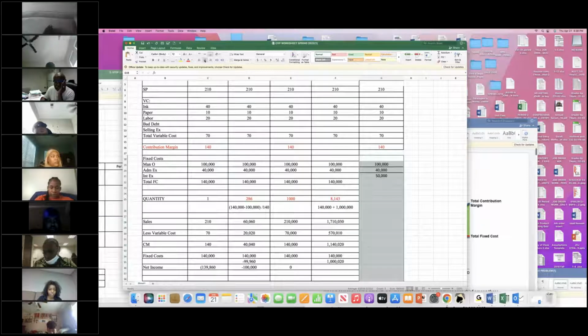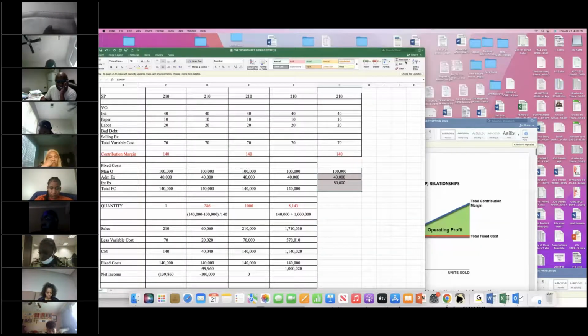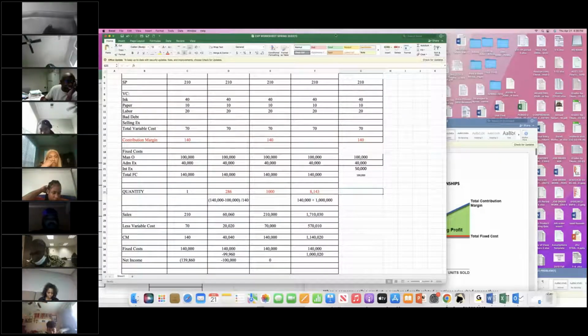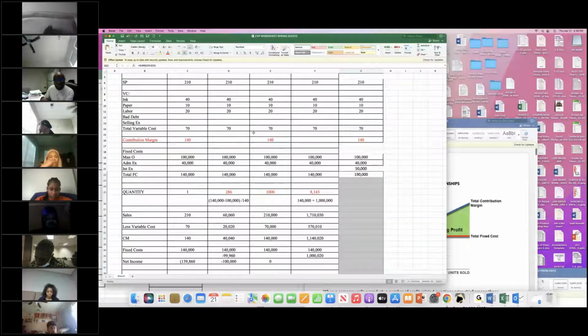Professor Boyd, am I going to be penalized if I didn't? No, no. So let's auto sum this. I didn't write some of this all the way across, like the paper and the ink and all that. Don't worry about it.